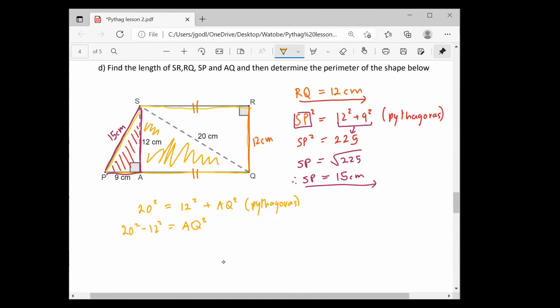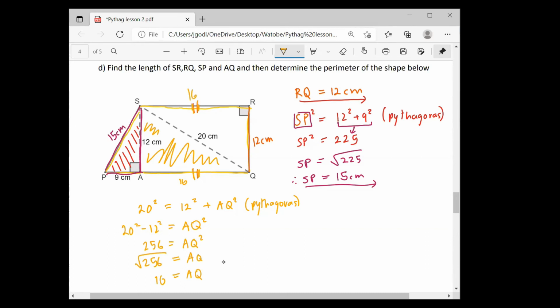So 20 squared minus 12 squared gives me 256, which is equal to AQ squared. So we're going to square root that, and we get 16. And because this is a rectangle, if this is 16, then this is 16.